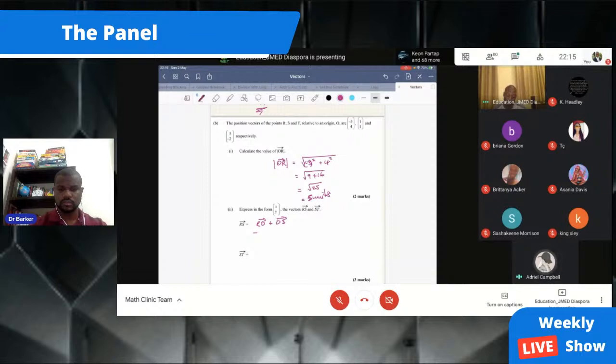So this becomes the negative of vector OR plus OS. The negative of OR, because this is R, and then we've got S beside it.